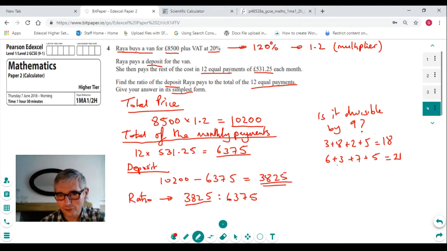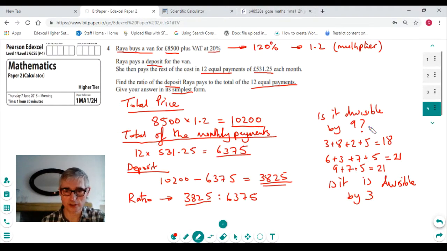And let's just check that again, 9 plus 7 plus 5, so I've got 16, 21. So it's not divisible by 9, so we can't do it that way. What we can do is we can see if it's divisible by 3. So there's a similar method. Is it divisible by 3? Same process. Add them together.